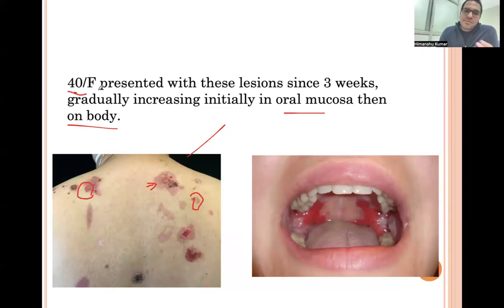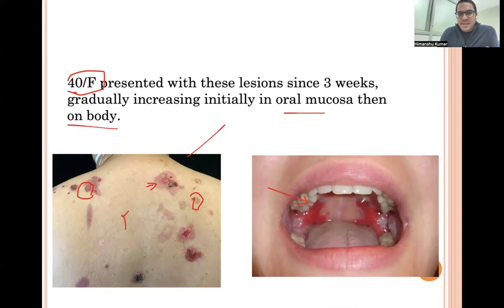The age group, from adulthood, 30 to 50 years, is the most common age for pemphigus, and then it starts from the oral mucosa. That is also a clue. Blistering can involve the oral mucosa and also the skin. So this is a case of pemphigus.